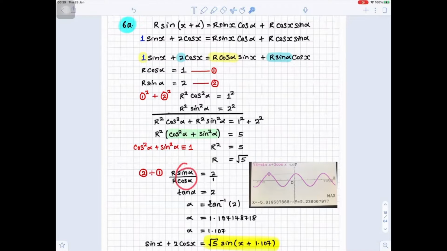It becomes tan alpha. Alpha will be inverse tangent of 2, and make sure your calculator is in radians, and you get 1.1071487, and alpha would be 1.107 when you round it to 3 decimal places.